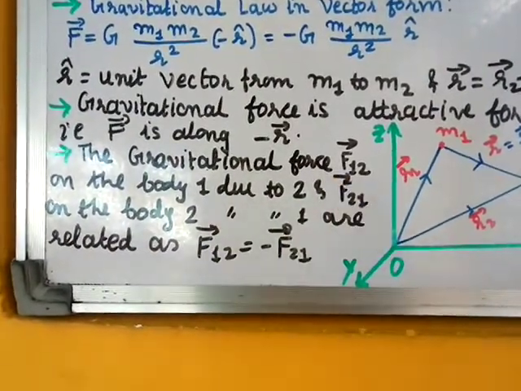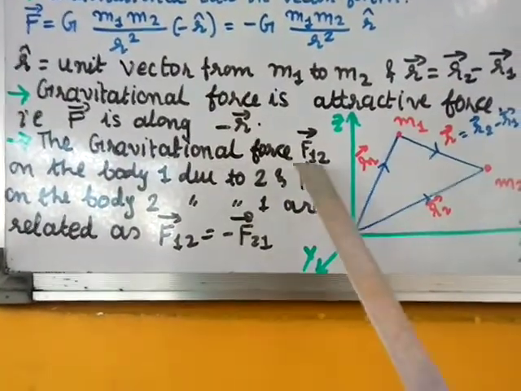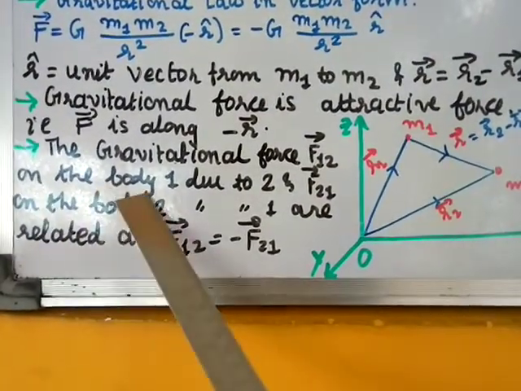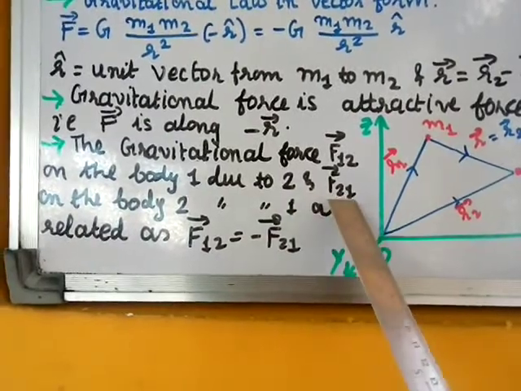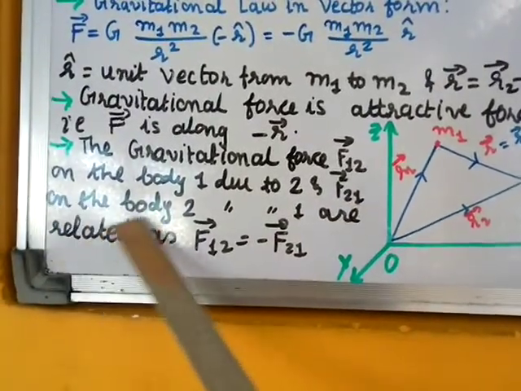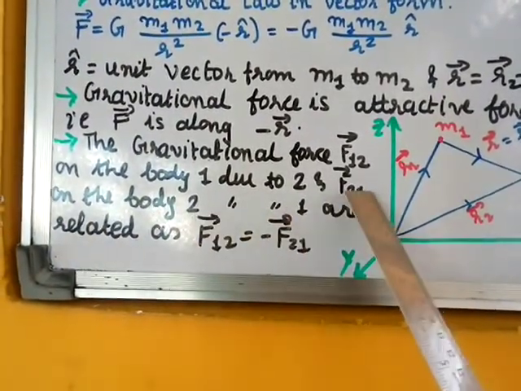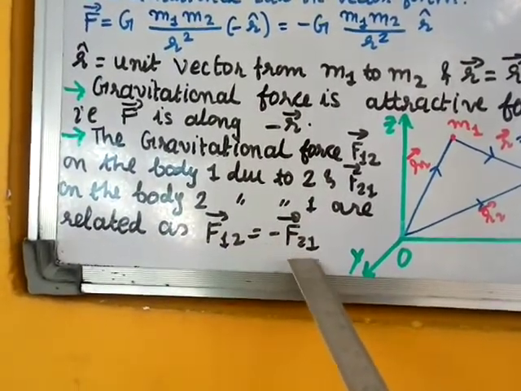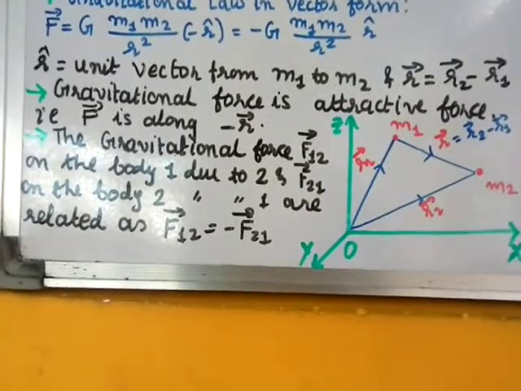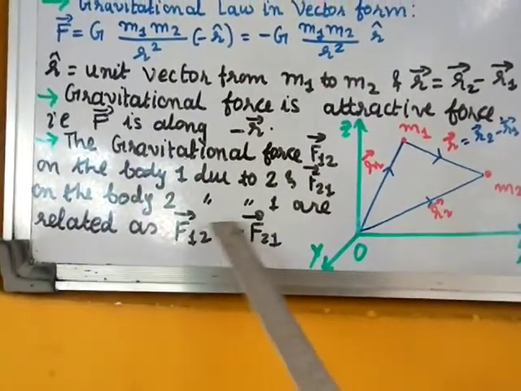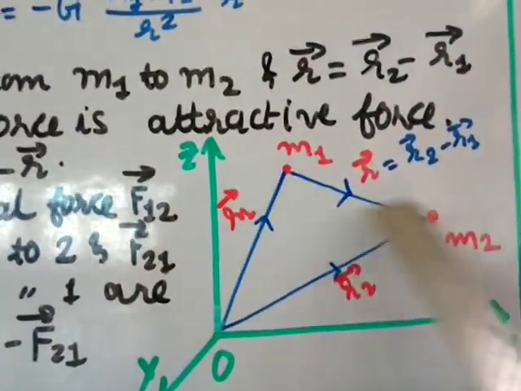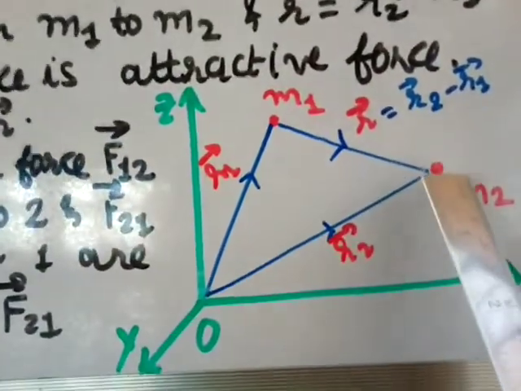The gravitational force F12 on the body 1 due to 2, another symbol we use, can be said as the force on 1 due to 2. Okay, and F21, that is the force on the body 2 due to 1, are related as F12 equal to minus F21, because they are attractive forces, so they are equal in magnitude but opposite in direction, right? One will be towards this side, and the other will be towards this side.